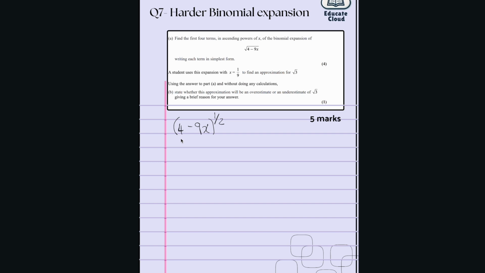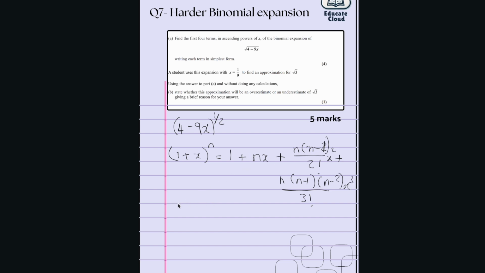That is very, very key here, being able to spot when to use which binomial expansion formula. So here we're going to use the 1 plus x to the power of n, because the nth power is a rational, so it's a negative or fractional basically. And then it's going to be 1 plus nx plus n times n minus 1 over 2 factorial x squared plus n times n minus 1 times n minus 2 over 3 factorial x cubed, and that's 4 terms.